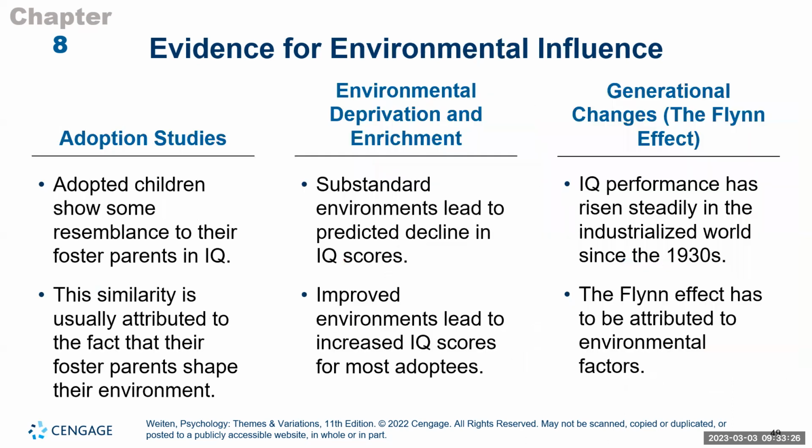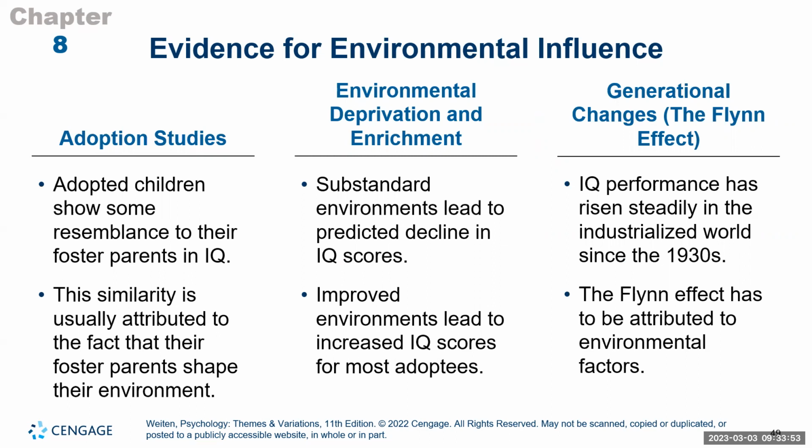Okay. Another thing that has been studied is adoption studies, right? So what happens is we're looking at environment more so than heredity. Say that identical twins are separated at birth, and one is adopted by one family, and then we have another twin adopted by the other family, right?